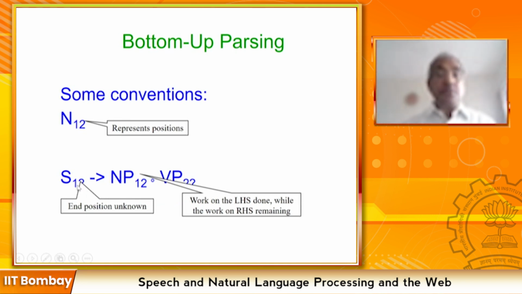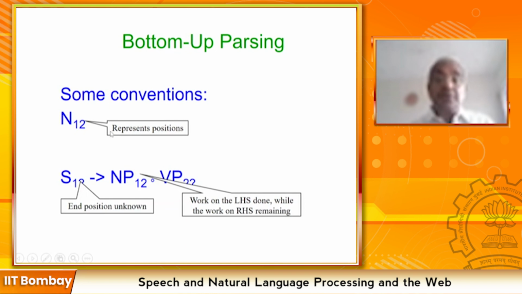So S1? goes to NP12. NP12 means between 1 and 2, there is a noun phrase. And VP2?, this means there is a verb phrase starting at position number 2. I don't know where it ends.